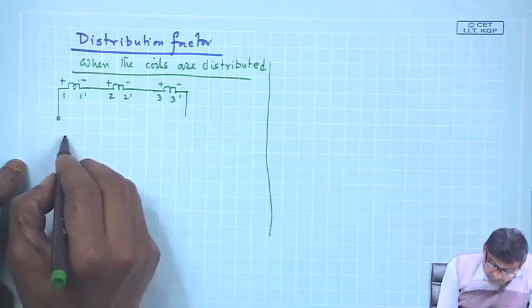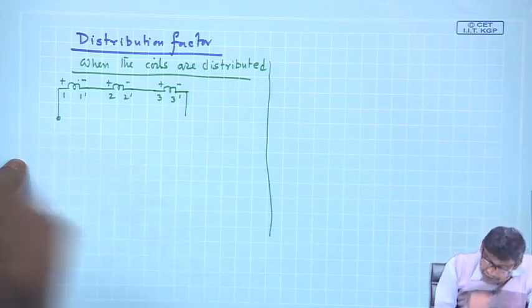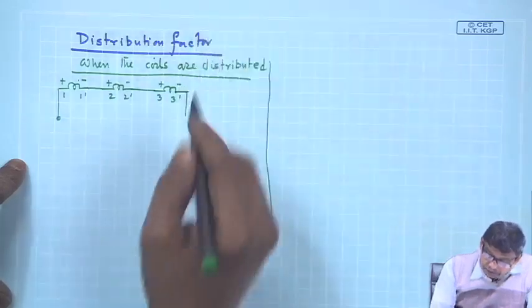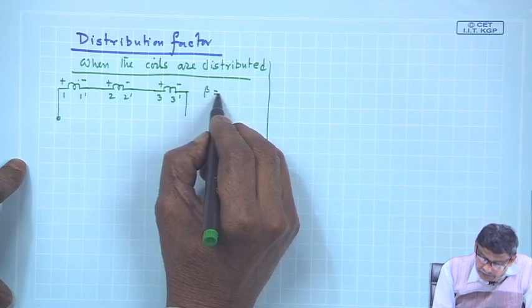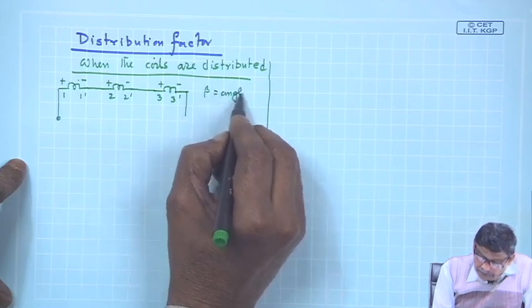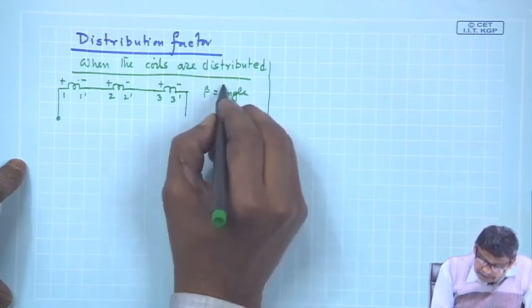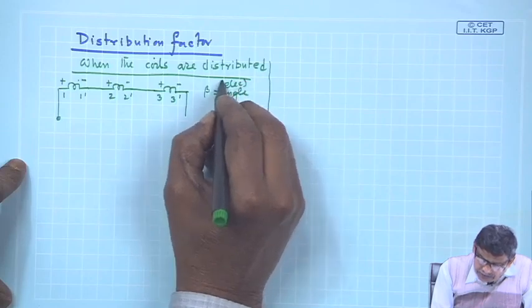Now, these 3 voltages, and the angle between 2 consecutive slots is beta. Beta is the electrical angle, needless to say, henceforth.